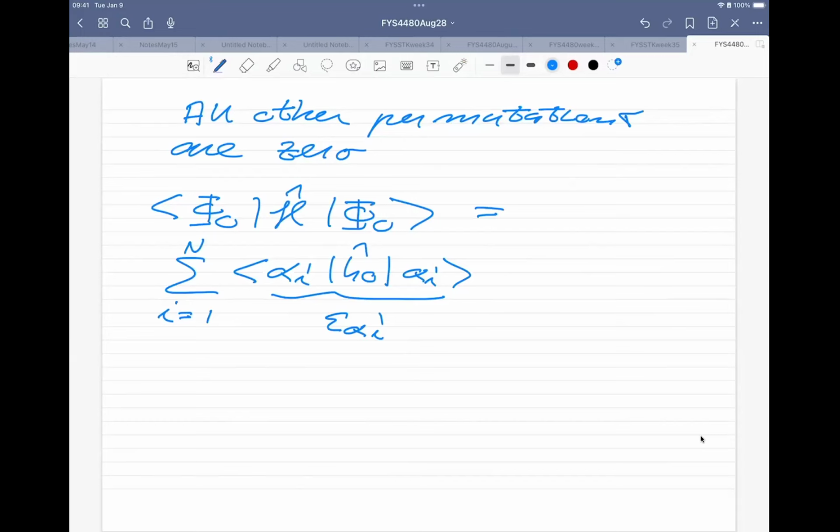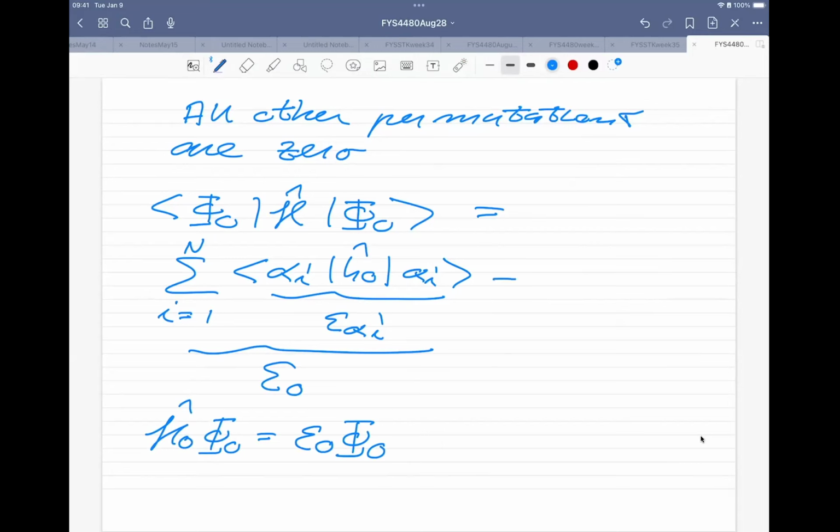This is something which we would simply label as H0, the eigenenergy of H0 acting on phi 0. So phi 0 is an eigenbasis for H0 by construction. And then we have the additional term here.